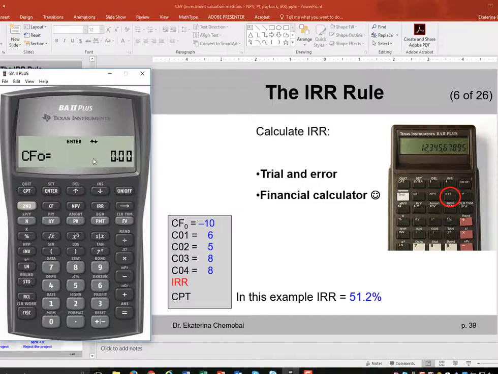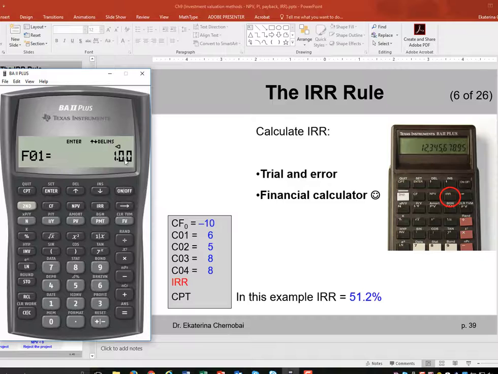Cash flow 0 is the initial investment, which is -10. So you press 10 plus minus, enter, it's saved. Then you press the down arrow key. Cash flow 01, the first cash flow in the future, that's 6. 6, enter, down. What's the frequency of it? F01.